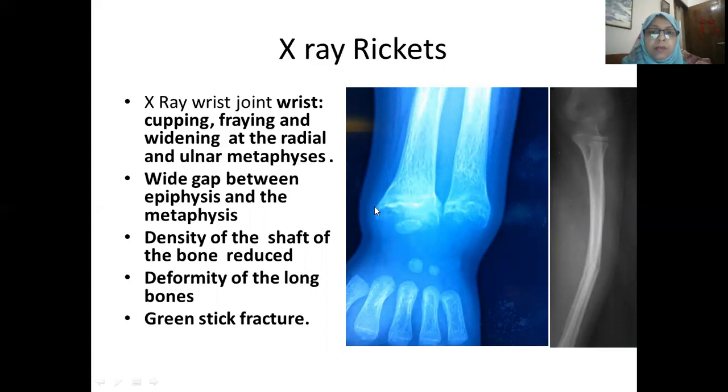Here widening of the lower end of the radius, lower end of the ulna, and the fraying and cupping, like that, cupping.